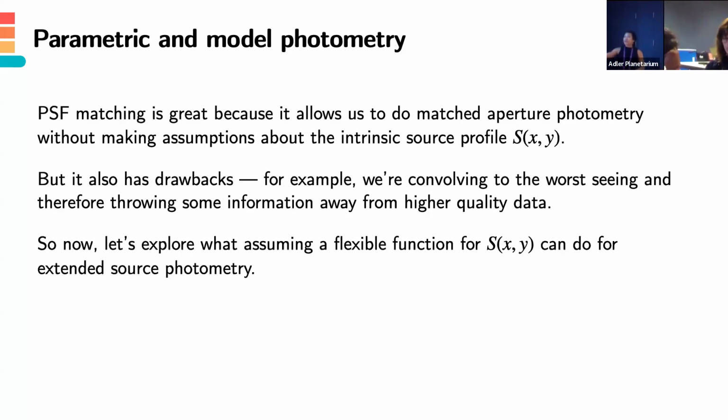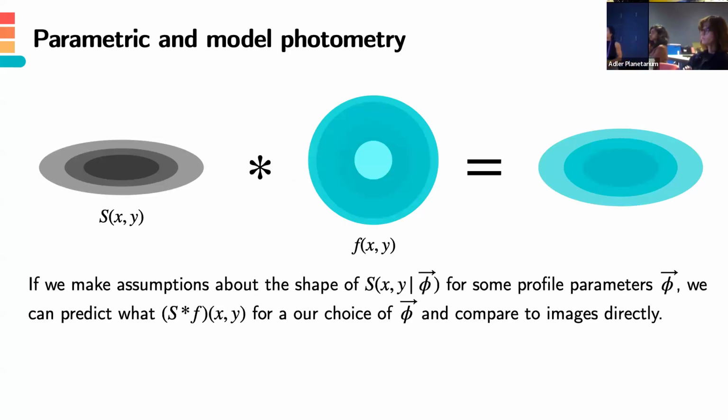So now let's explore what assuming a flexible function for the source profile, the intrinsic source profile S of xy, can do for extended source photometry. Okay, so let's go back to our convolution. So we said that the image that you see is going to be the convolution between the intrinsic surface brightness profile and the PSF.